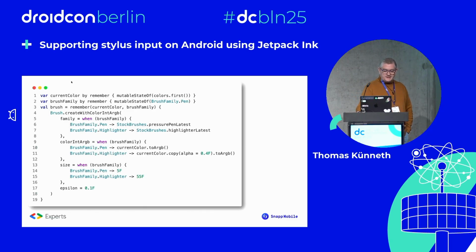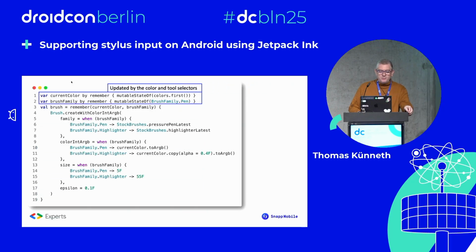The second important state we will be using is the brush. The brush really is the most important thing when using Jetpack Ink API, and this brush is populated by two states. As you can see, we have a current color and we have a brush family. These two states are populated by the two selectors I showed you.